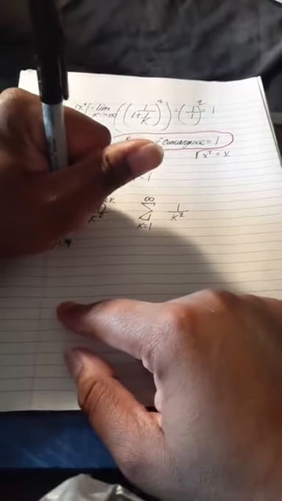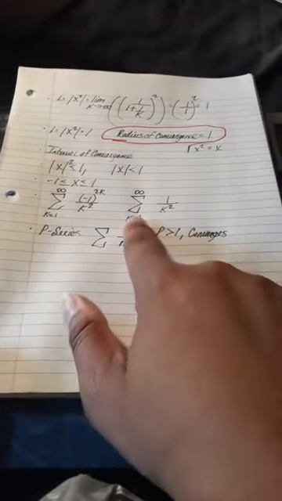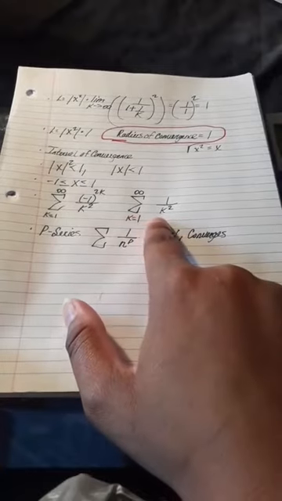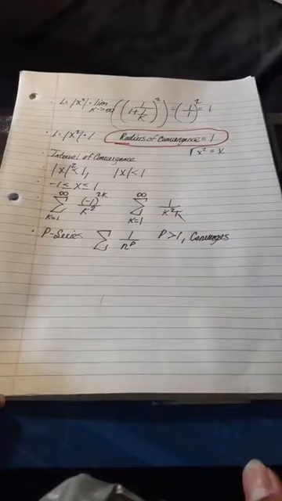So remember, for a p-series, if I have some series and I got 1 over n raised to the p, well, if p happens to be greater than 1, then the p-series converges. So when we check the endpoints, and I don't even have to write down any further because the endpoints are 1 and negative 1, we know that this is going to be a converging p-series because the value of p here is 2, which is obviously greater than 1.